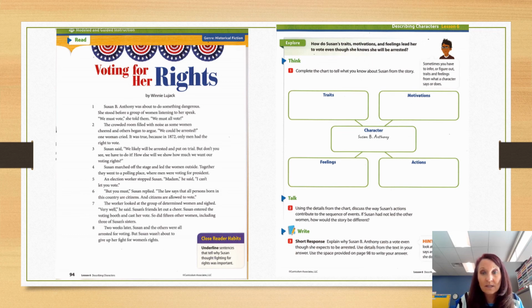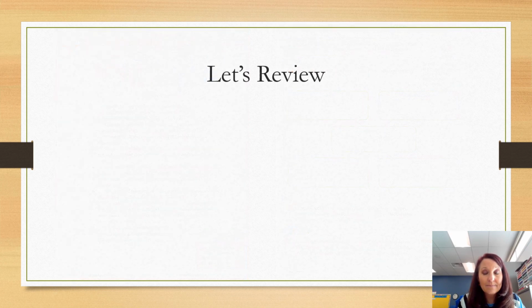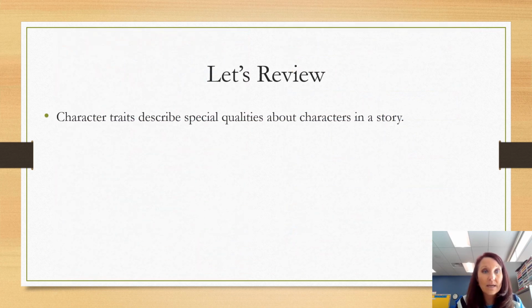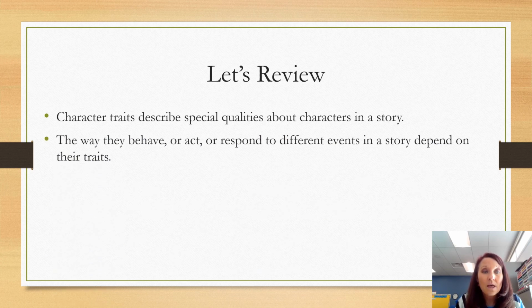So boys and girls, let's wrap this. Today we described character traits about Susan B. Anthony. Remember, character traits are special qualities about a character in the story. The way that the characters behave or act or respond to different events in the story depend on their traits.